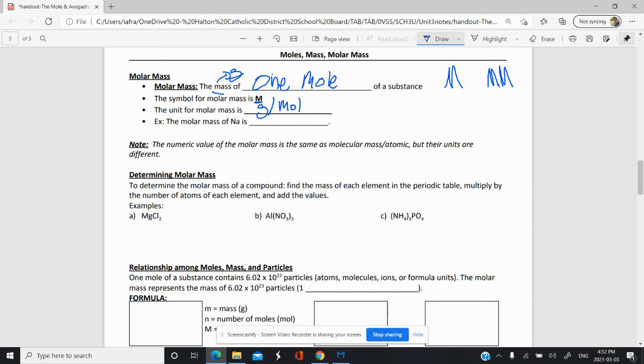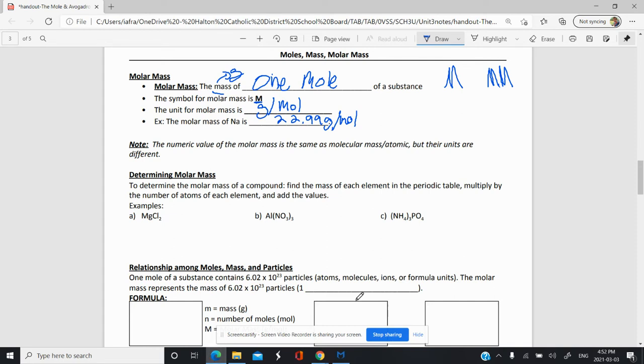So the molar mass of sodium is 22.99 grams per mole. So if you were to actually get 1 mole of sodium, you would put it on a balance and you would see it's 22.99 grams. Or if I said, mass me out a mole of sodium, you would say, okay, I need 22.99 grams of it, and I know there's a mole in there.